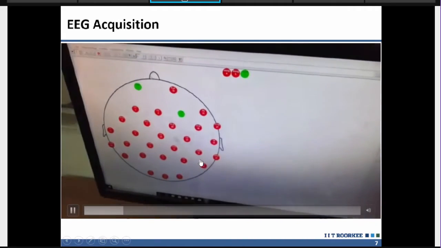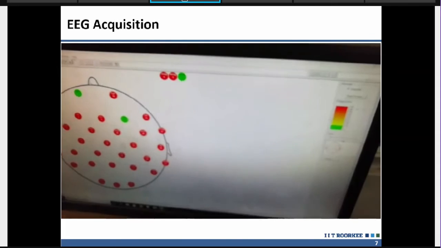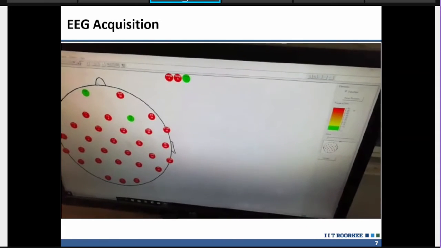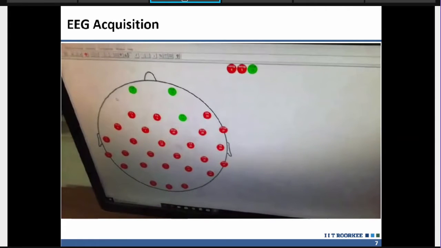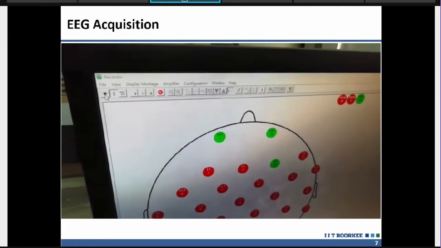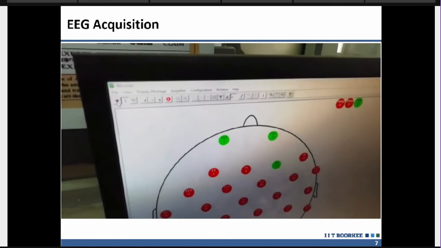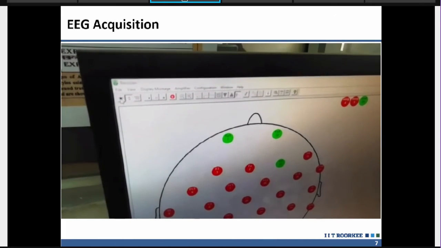So why gel? Because there are some devices which are connected dry, meaning you do not need any gel. And for having good connectivity from these electrodes to the scalp, we push some gel so that the connectivity is better. So we get good signals from the brain.